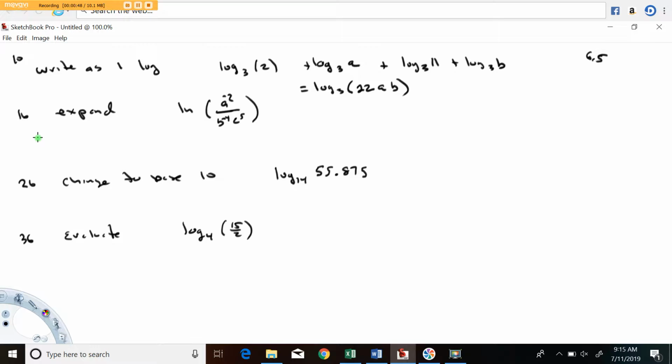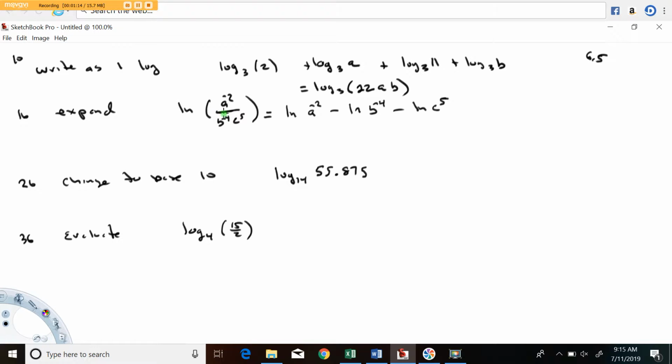All right, number 16, the directions basically say to expand this into a bunch of logarithms. So we're going to use the property that the log of a quotient is the difference of the logs. So this can be written natural log of a to the minus 2 minus natural log of b to the minus 4 minus natural log of c to the 5th.